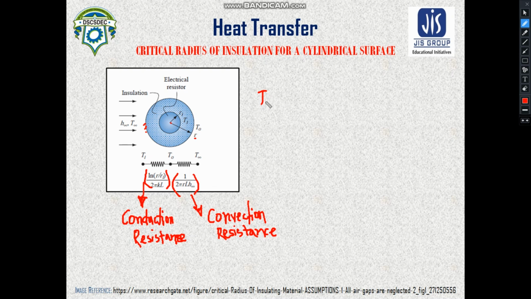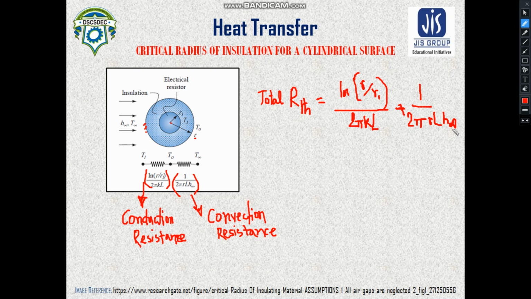Now if you consider the total resistance, total RTH, where RTH is our thermal resistance, the total RTH would be ln of R divided by R1, over 2 pi KL, plus 1 by 2 pi R L h, where h is the convective heat transfer coefficient at the outer surface.